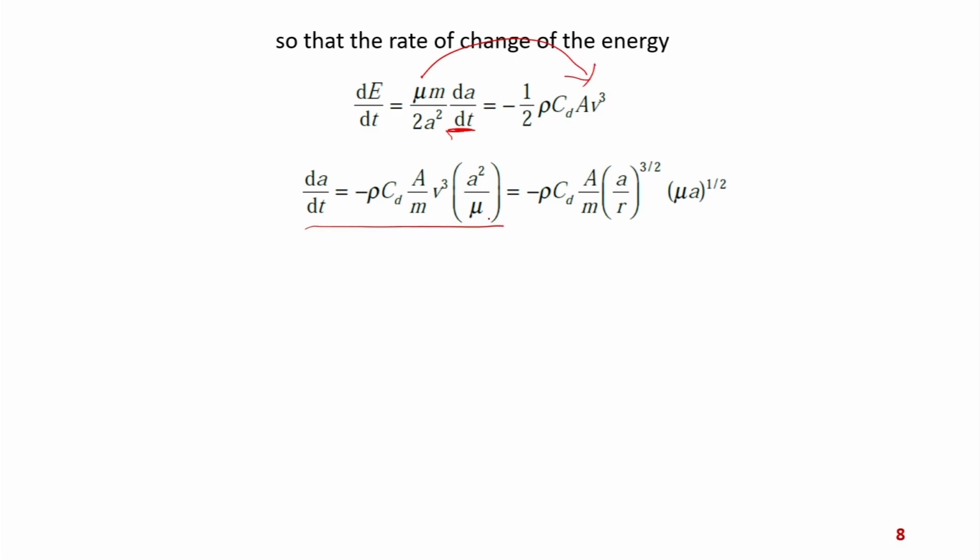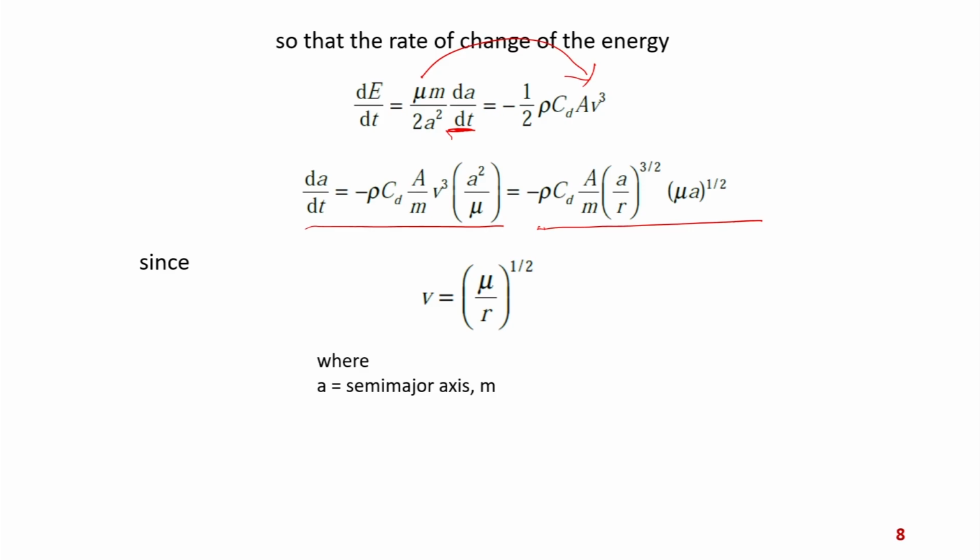Again, the velocity of any spacecraft is given by the expression that we have already seen, where r is the altitude at any time. So it is given by the square root of mu by r. I can substitute this here and we can get the expression for dA/dt, the rate of change of the semi major axis with respect to time.